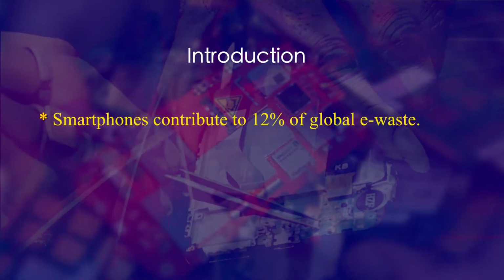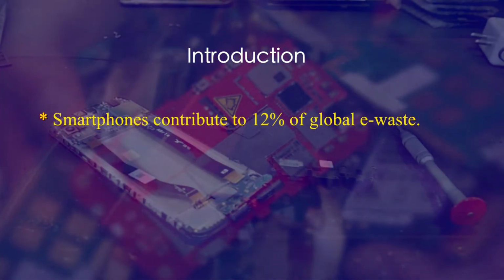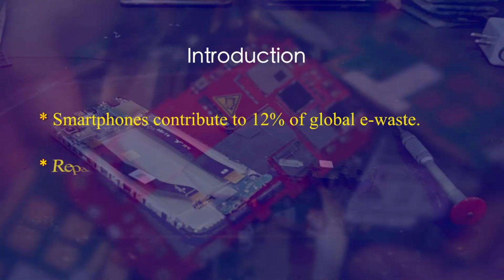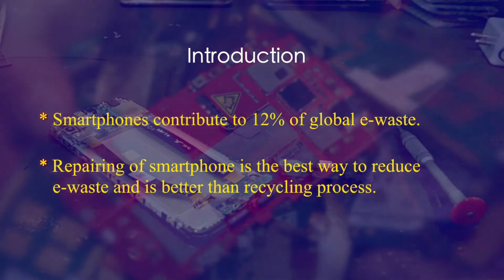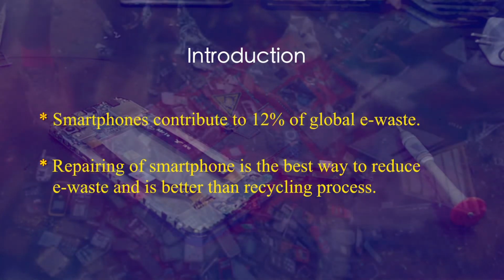Smartphones contribute 12% of global e-waste and it will abruptly increase unless steps are taken to counter it. So, the repairing of smartphone is the best way to reduce e-waste and it is better than recycling process.